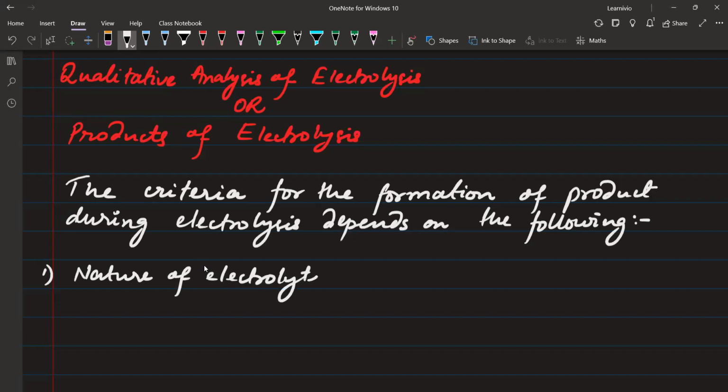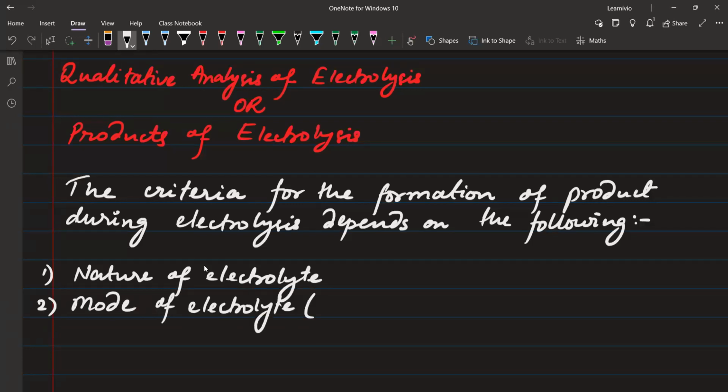What does this mean? If I am having NaCl, then there will be some different product. If I am having CaCl2, calcium chloride, then the products will be different. So it depends on the electrolyte. Another case is mode of electrolyte.